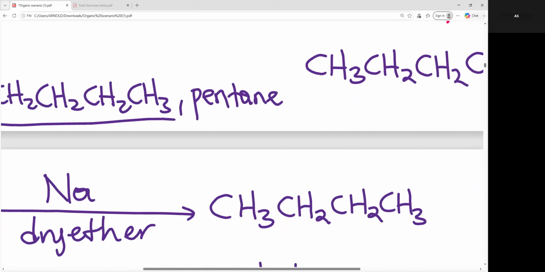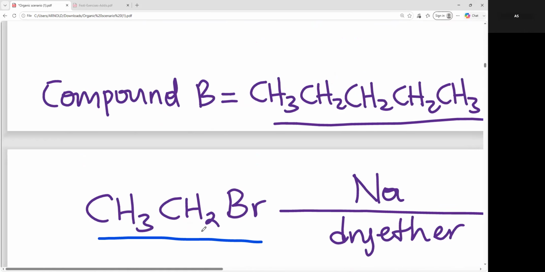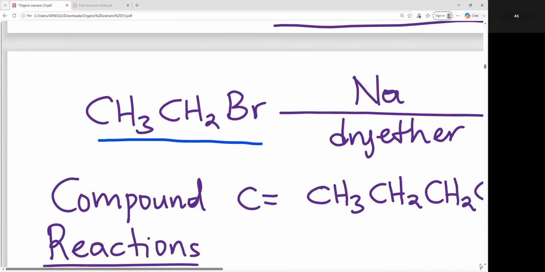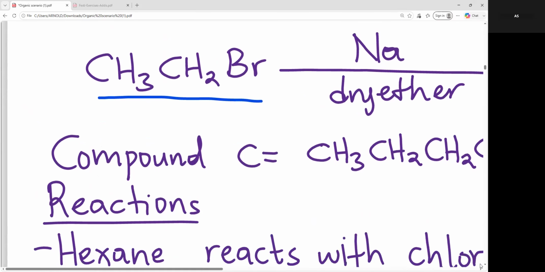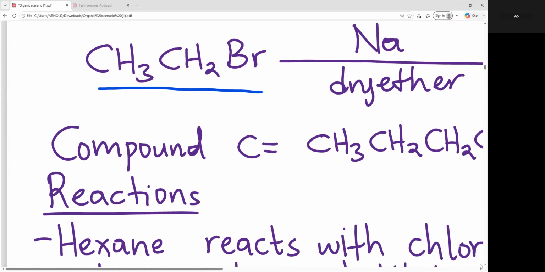Hope I've interpreted it very well. For any inquiries, please ask. So now we are on reactions. I have highlighted this very well. Hexane reacts with chlorine. Outline the mechanism for its reaction, and also how it reacts with nitric acid.